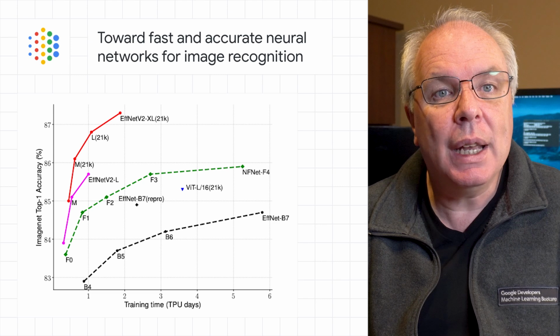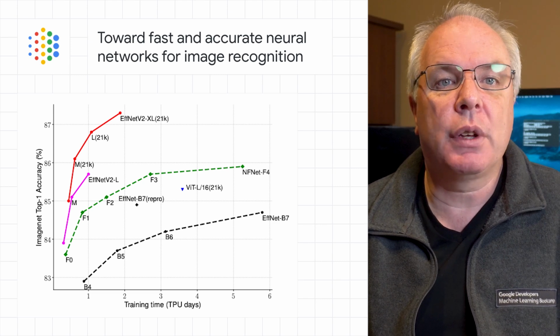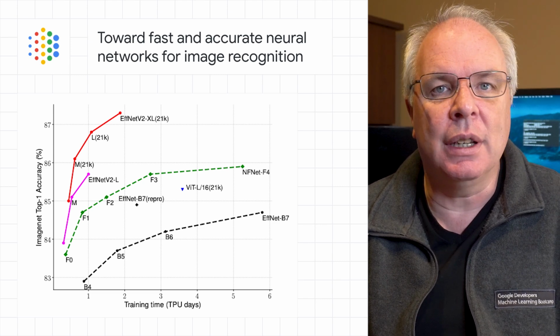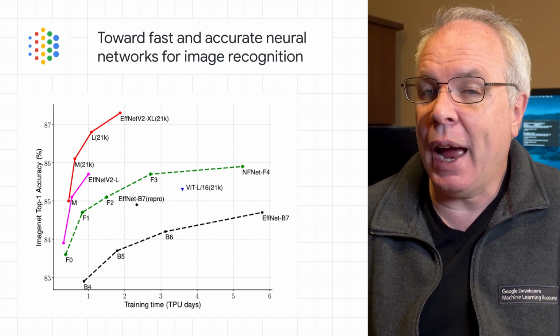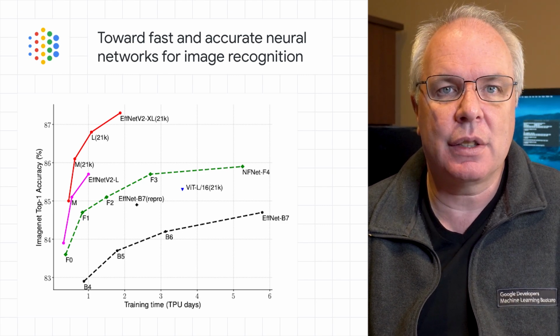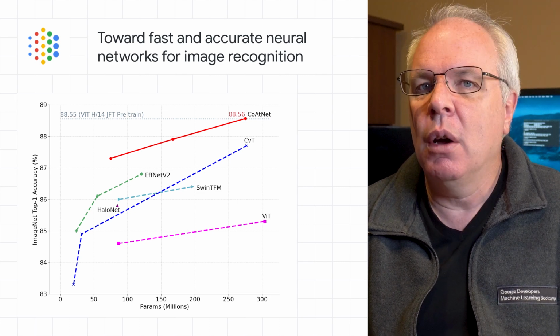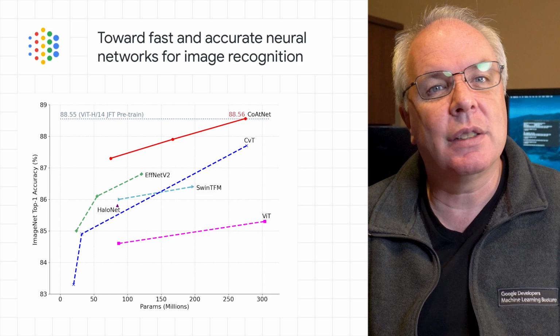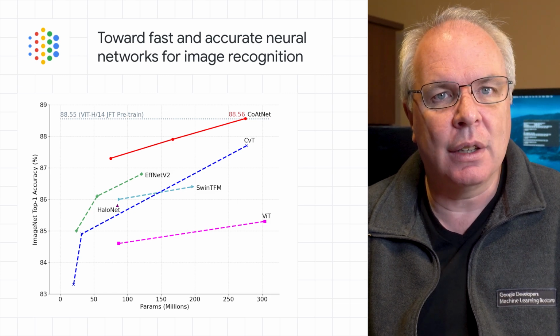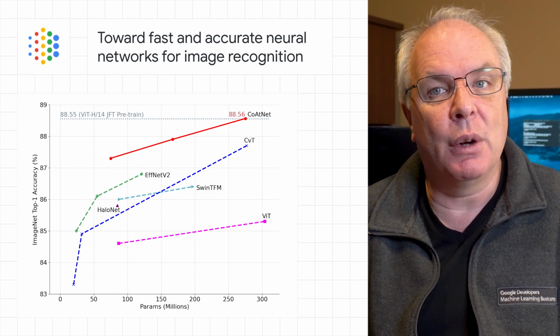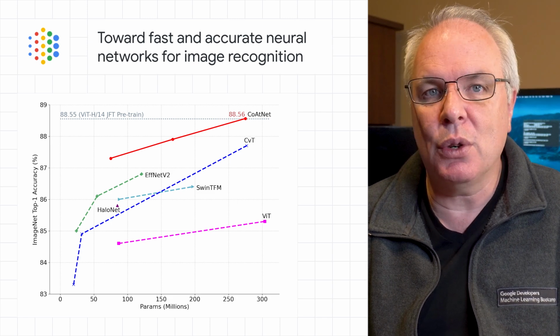Also released was CoatNet, architected around both convolution and self-attention, and its goal is to achieve higher accuracy on large-scale datasets. The results have been pretty impressive. It's about 4 to 10 times faster, while also achieving over 90% top 1 accuracy on ImageNet. The models are available on TensorFlow Hub for you to try out, and they've been open sourced, and you can learn more about it in the post.